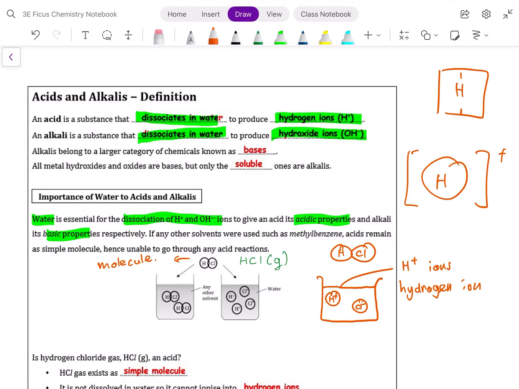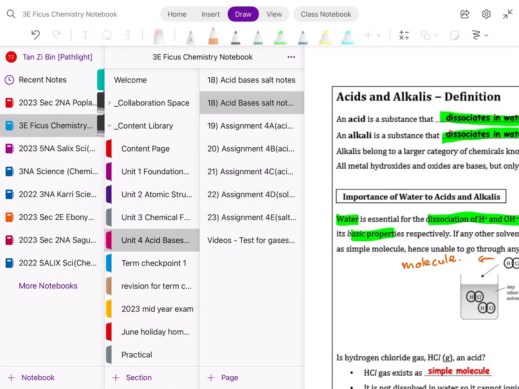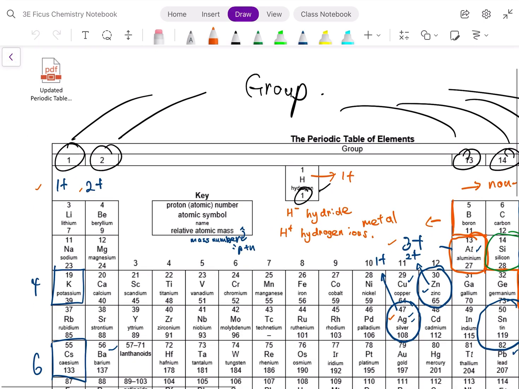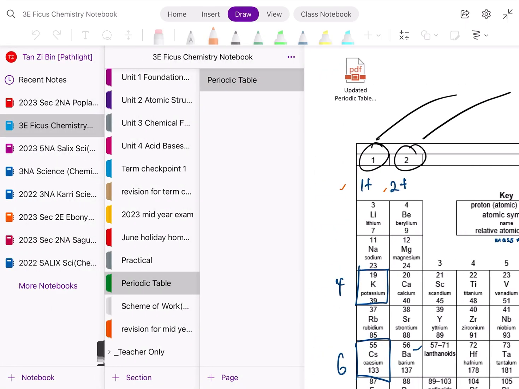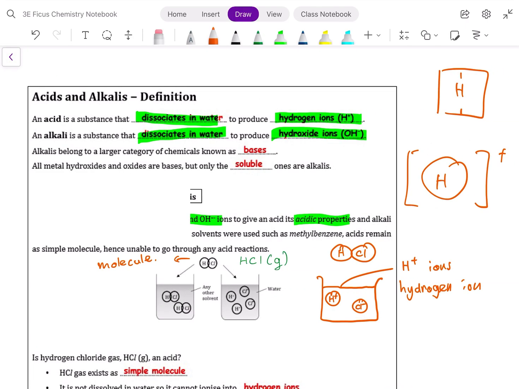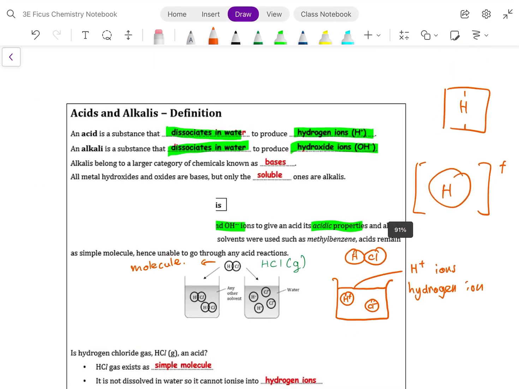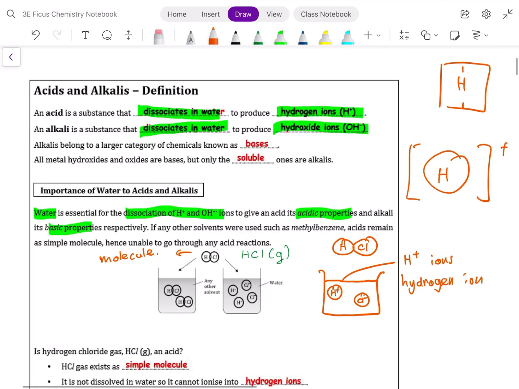Once it loses the electron, it's like that empty shell, got nothing. Do you have a periodic table? If you refer to your periodic table, just like earlier chapters, we always have a periodic table at the back, so do refer to it.